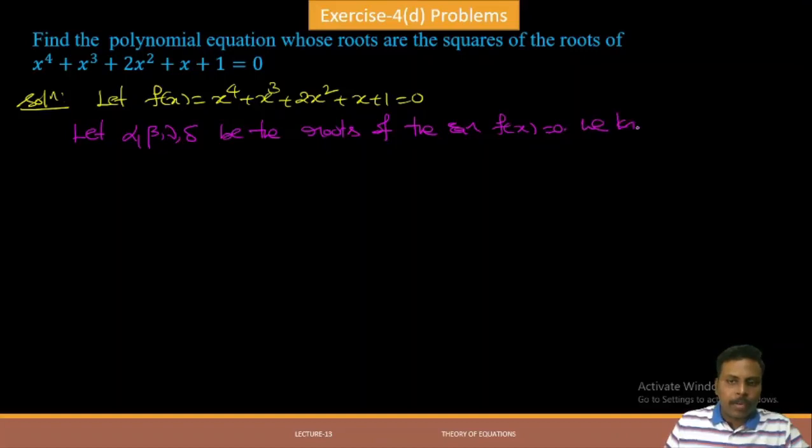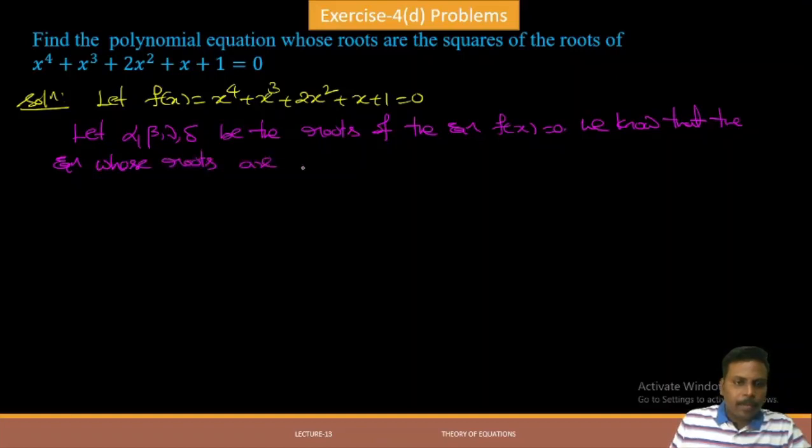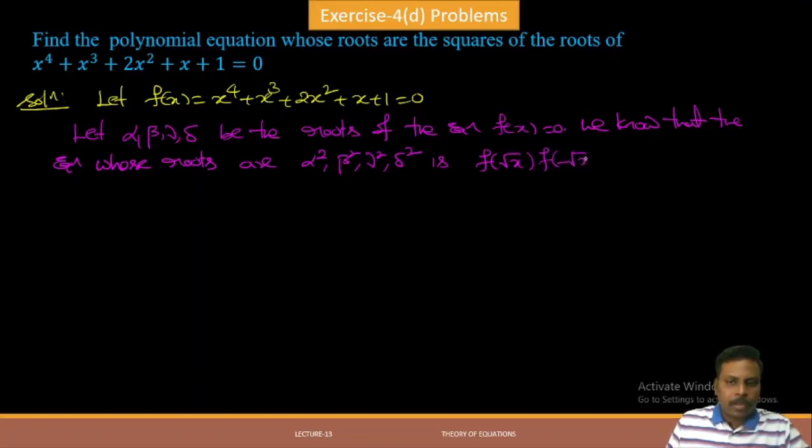Then we know that the equation whose roots are alpha square, beta square, gamma square, delta square is f of root x into f of minus root x is equal to 0.